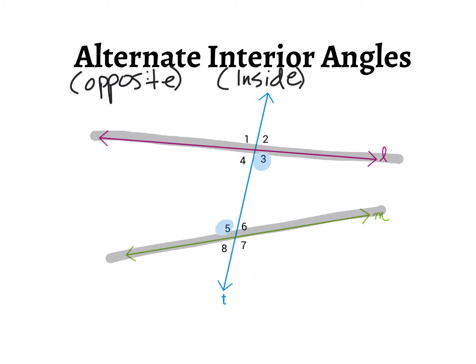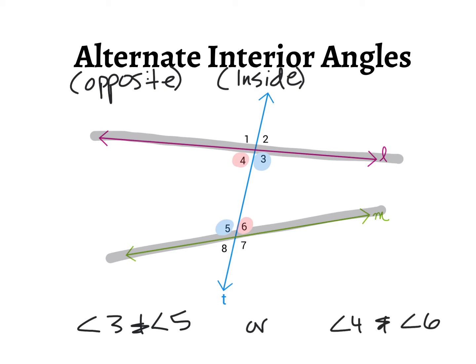Those are on opposite sides. And they're still inside these two lines. Another example could be maybe 6 and 4. They're on opposite sides and they're still within. So when you're talking about an alternate interior angle, you're saying angles 3 and 5 are alternate interior, or angles 4 and 6.